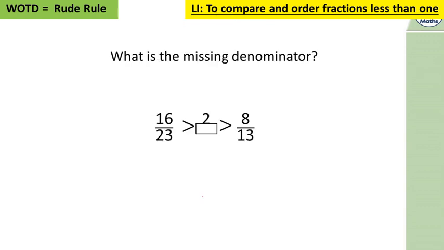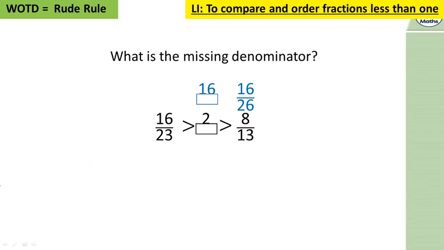Okay, so here, what is the missing denominator? 6/23 is bigger than 2 somethings, and that is bigger than 8/13. Okay, we need to make something the same so we can compare it. Let's make those into 16ths.